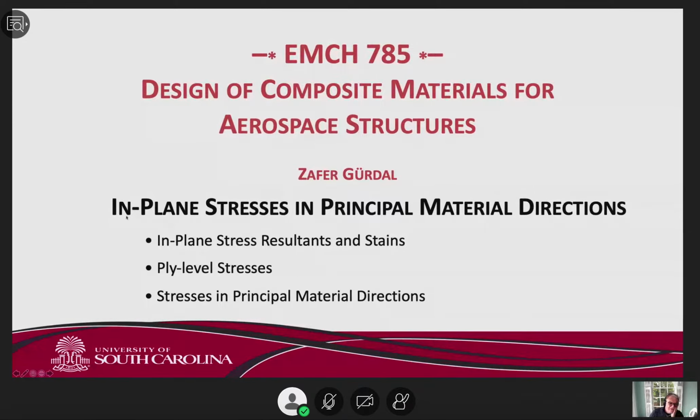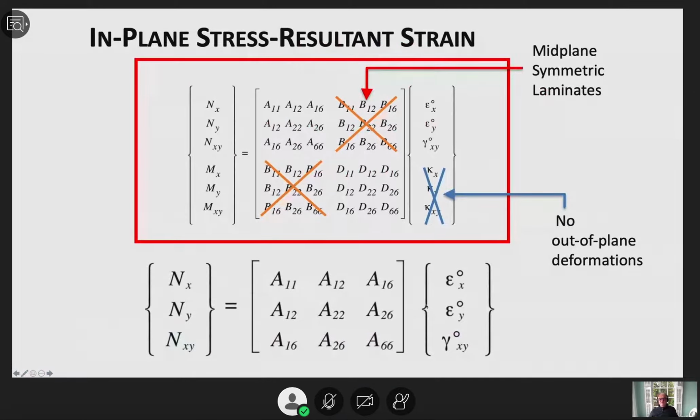So what we're going to do in the first phase, we're going to assume the state of stress and deformation to be planar, in plane. And then we're going to look at laminate stresses, and then we're going to compute stresses in the principal material directions. So this is basically what we're talking about.